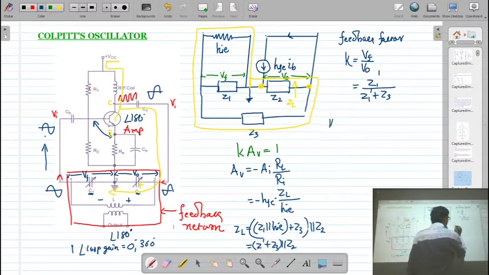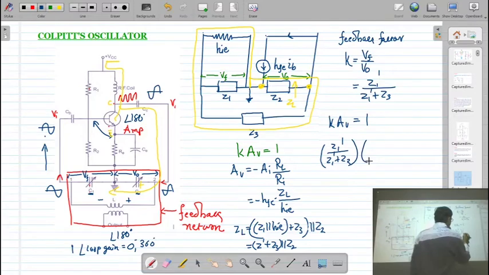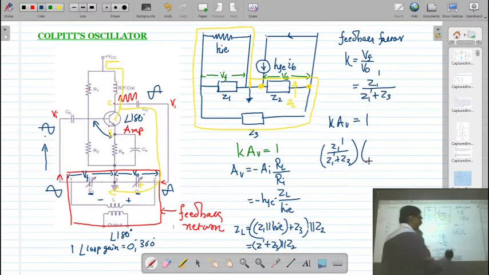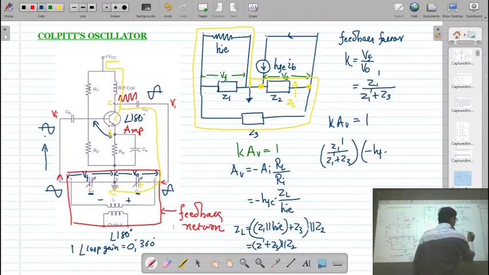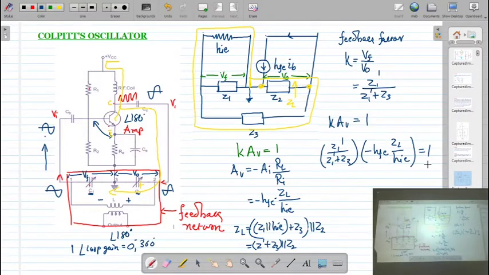Then according to the Barkhausen criteria, we have K into AV equal to 1, with K equal to Z1 dash divided by Z1 dash plus Z3, and AV is minus HFE into ZL by HIE, and this is equal to 1.